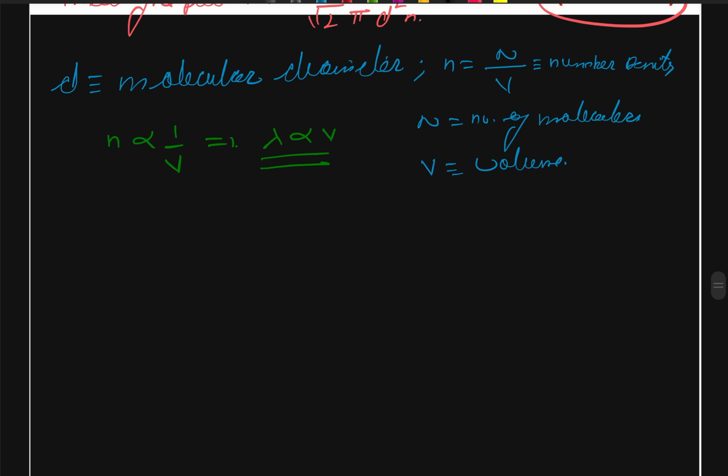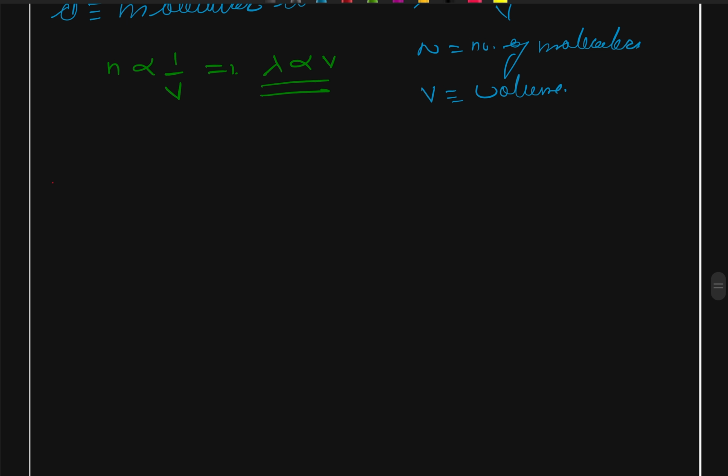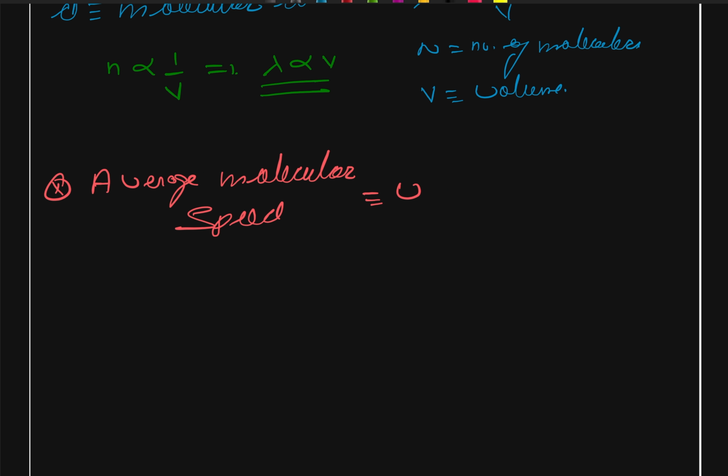And the average molecular speed, which we denote as our VRMS, will be equal to square root of 3kT divided by m.